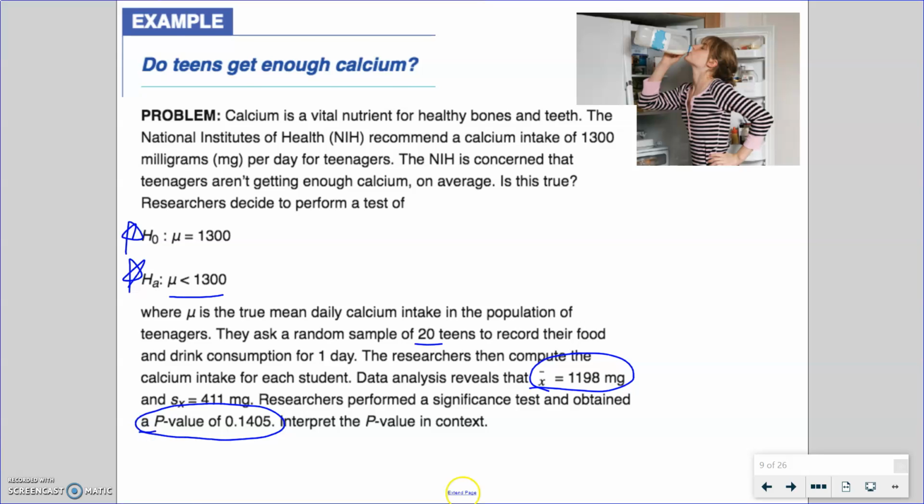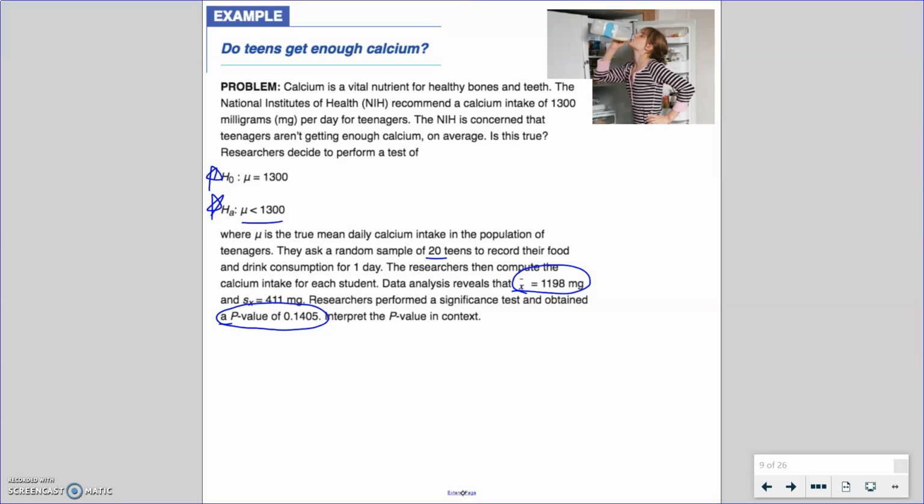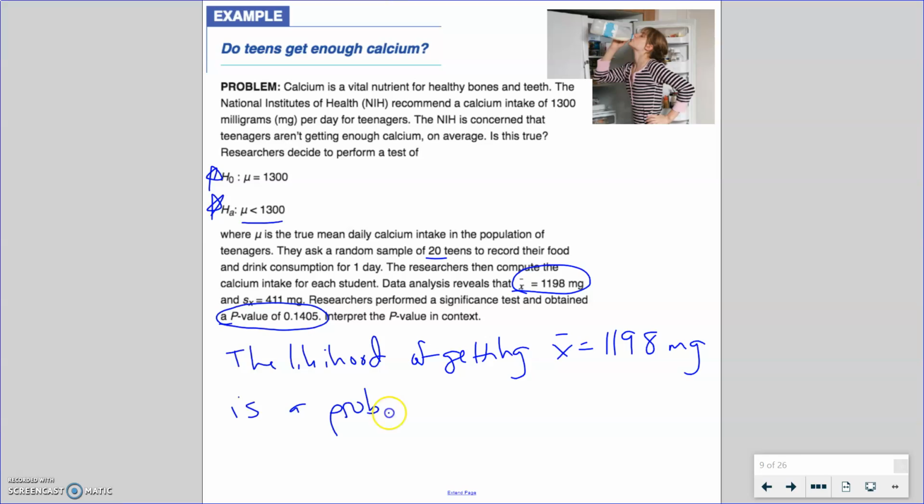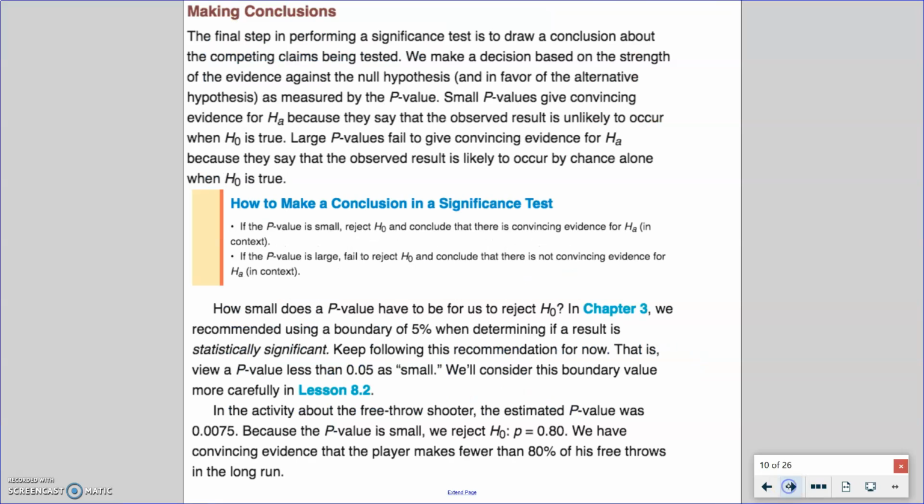When it says interpret the p-value in context, it means the likelihood of getting the average being 1,198 milligrams is a probability of 0.105, okay? So the likelihood of getting that purely by chance, purely by random, is that probability, okay?